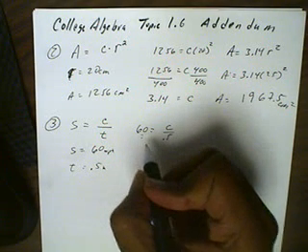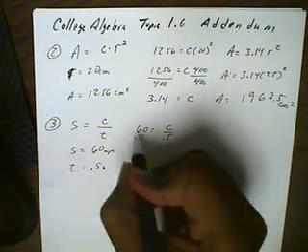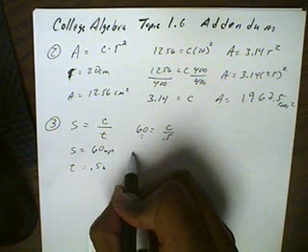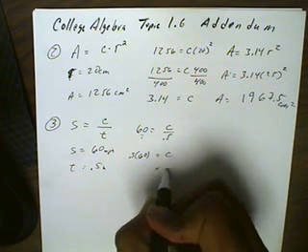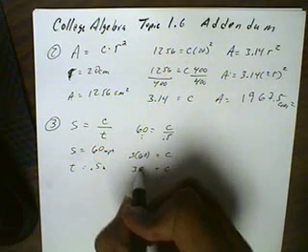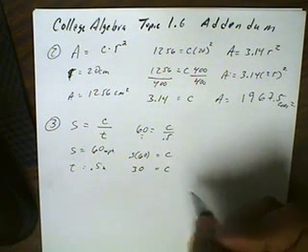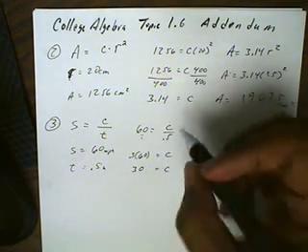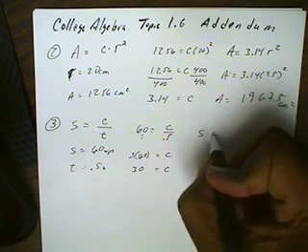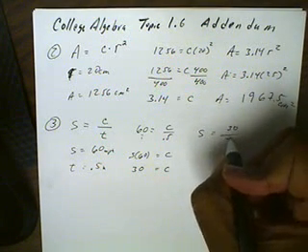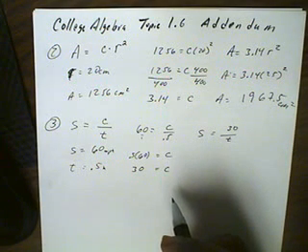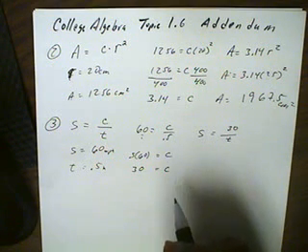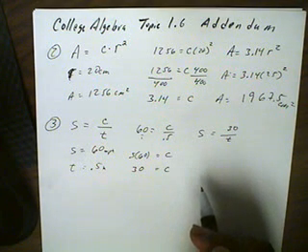If I put a 1 under here, I can multiply the 0.5 times the 60, and we get 0.5 times 60 equals the constant, which means that the constant is 30. Now, from that, we have that S equals 30 all over the time.